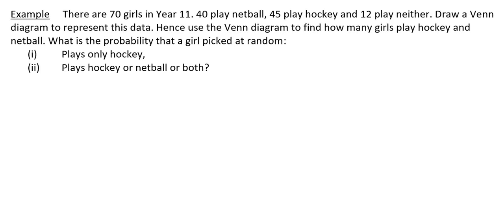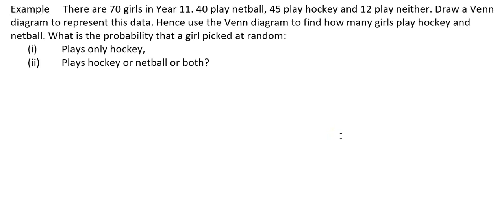First of all, there are 70 girls in year 11, 40 play netball, 25 play hockey, and 12 play neither. Draw a Venn diagram to represent this data. First thing we're going to do is draw a rectangle.